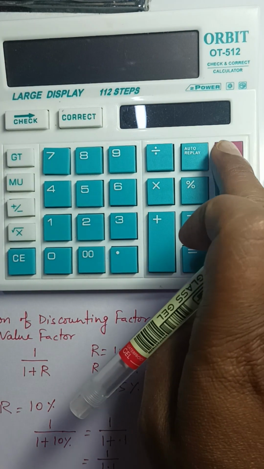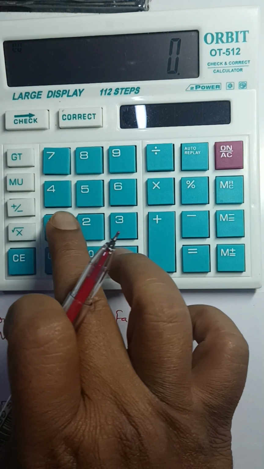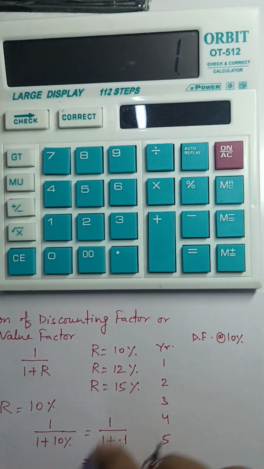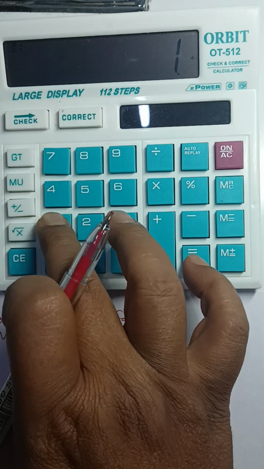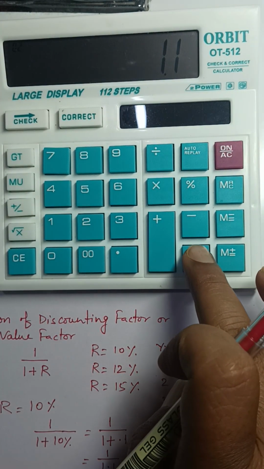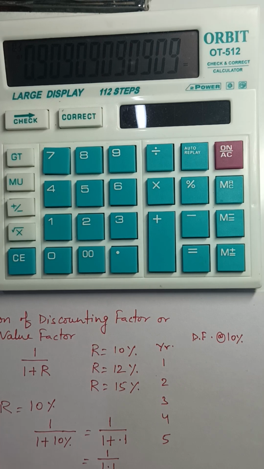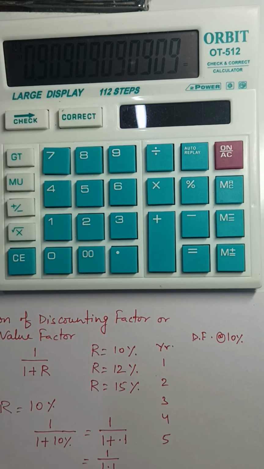Here in the simple calculator, I'll put 1 divided by 1.1. I am pressing 1, then the division sign, then 1.1, and I'll press equal. See, I am getting 0.909. After the decimal I'll consider 3 digits.